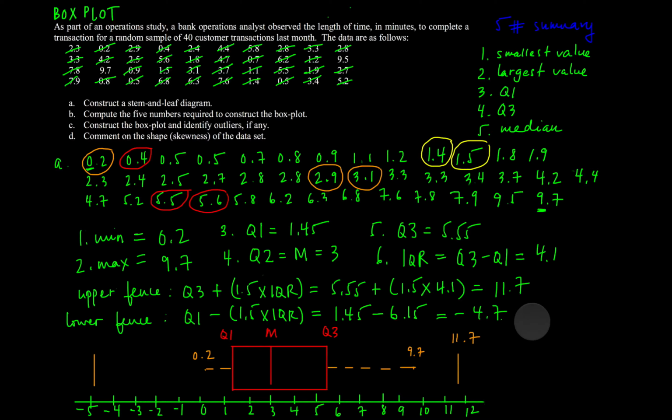And finally, they're asking us to comment on the shape or skewness of the data set. Now, the reason why earlier in the stem and leaf I drew the curve is so you could really see that it was right skewed, because here it's a little bit more difficult. Why?